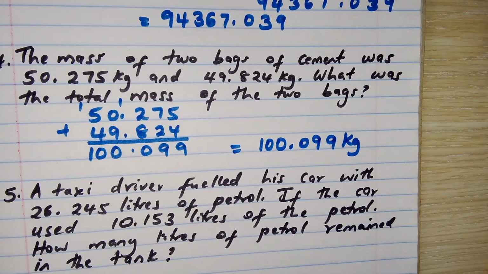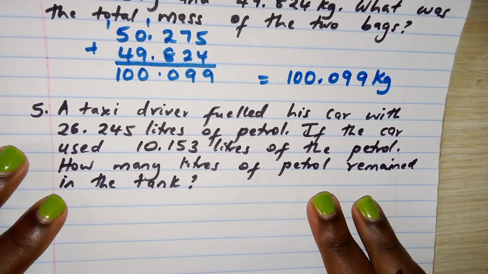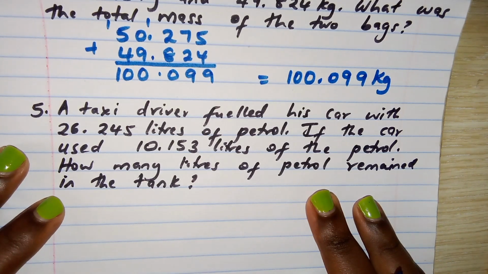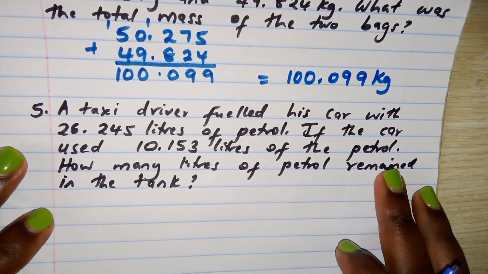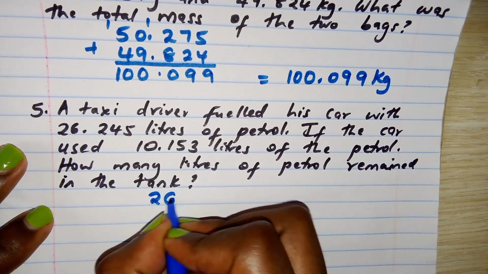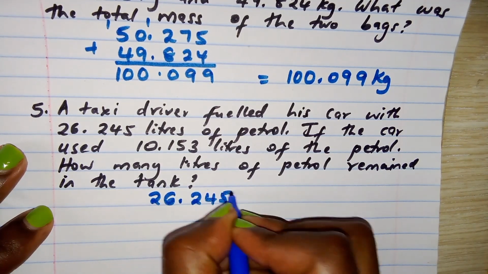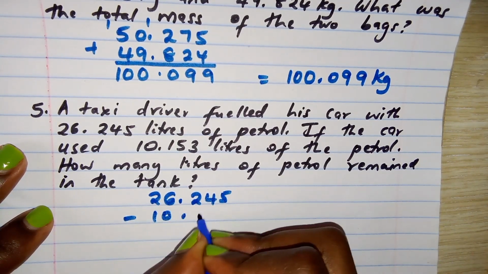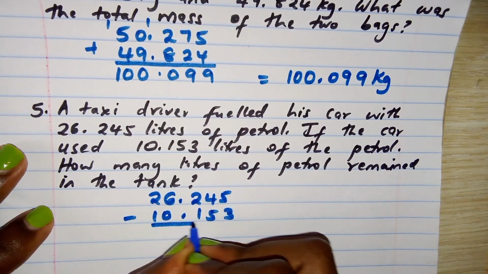Now the last question on addition. A taxi driver fueled his car with 26.245 liters of petrol. If the car used 10.153 liters of the petrol, how many liters of petrol remained in the tank? So for remain, we subtract. Initially we had 26.245 minus 10.153.